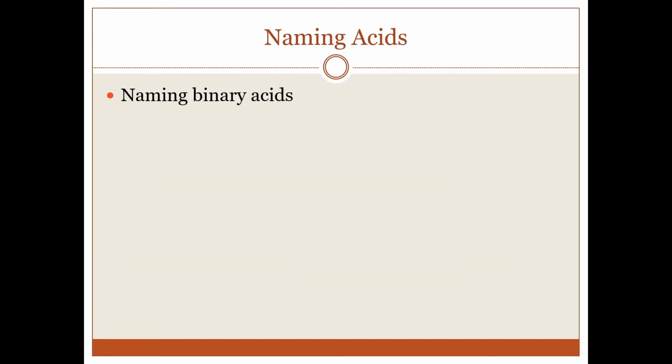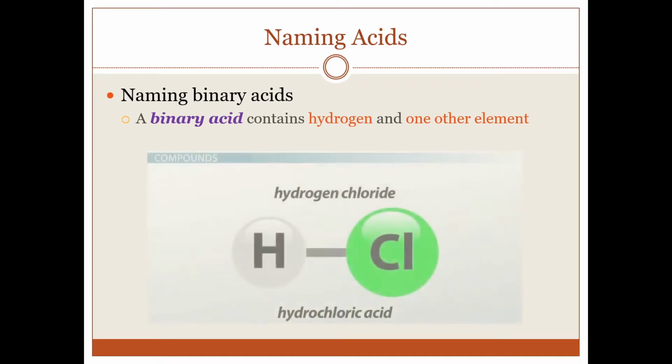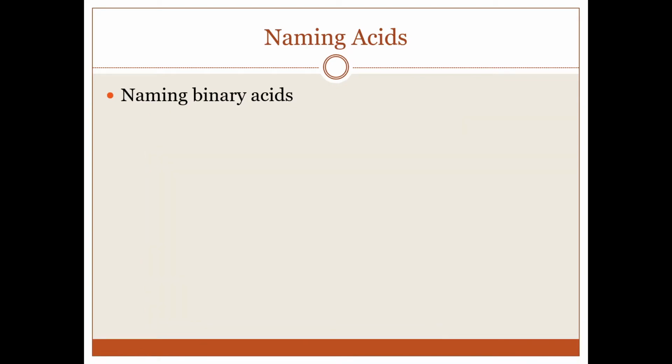Naming binary acids. So a binary acid is going to contain a hydrogen and one other element. So hydrochloric acid is going to contain hydrogen and then one other element. So in this case it's chlorine, so we have hydrogen and chlorine. These are our two elements.